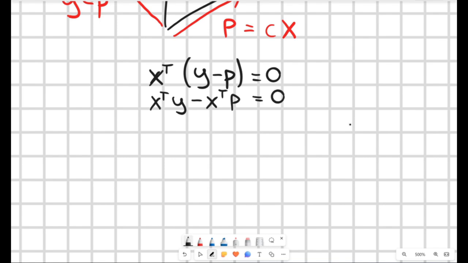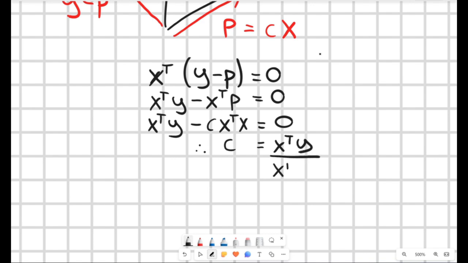We then substitute in that p is equal to a constant times x, because p points in the same direction as the vector x. So we find that x transposed y minus constant x transposed x is equal to 0. Therefore, after rearranging this, you find that the constant is equal to x transposed y divided by x transposed x.